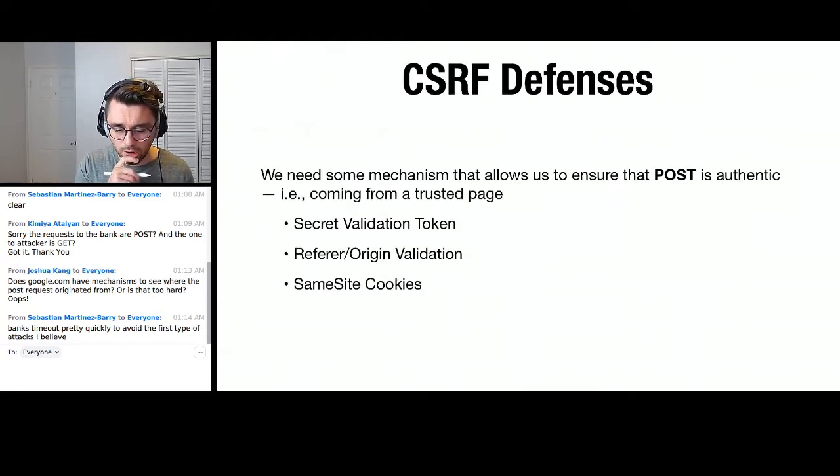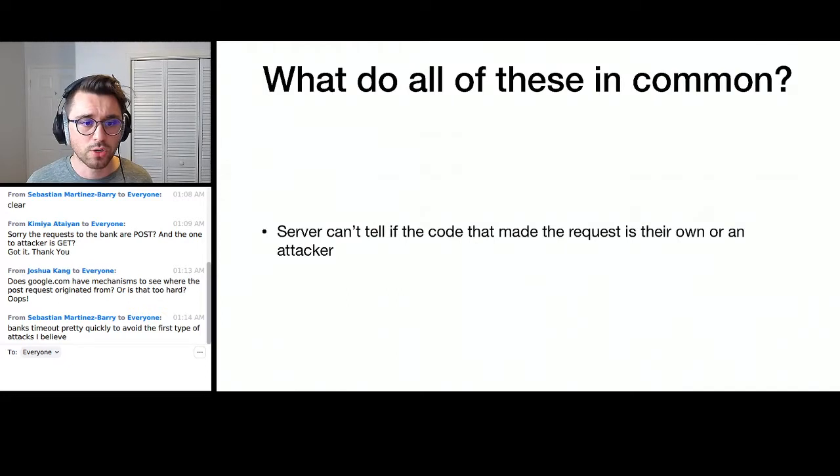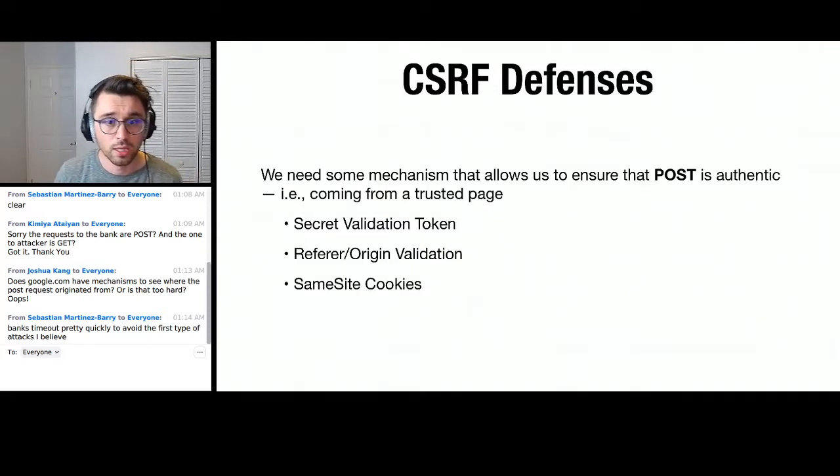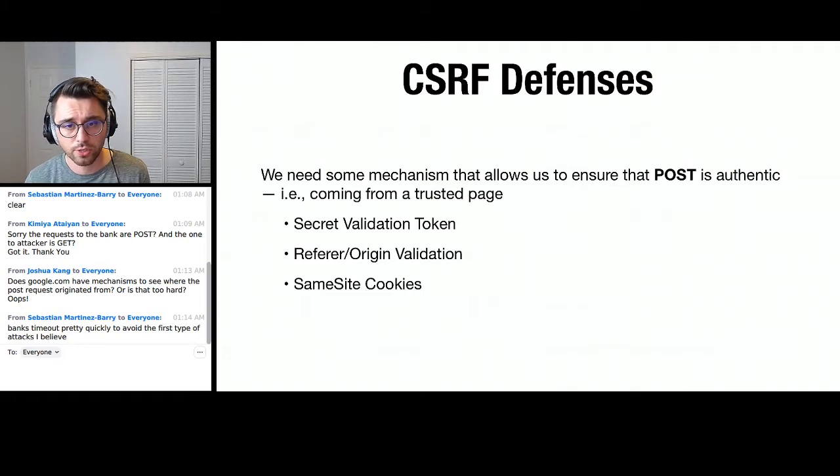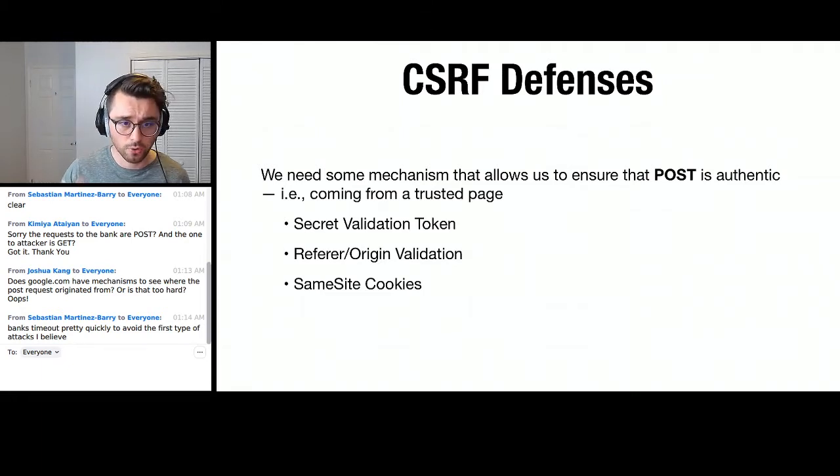So our goal is to answer this question whenever we use one of these defense mechanisms. We really want to make sure that the code that made this request is actually our own code. So to authenticate these requests, we're going to look at three different things.